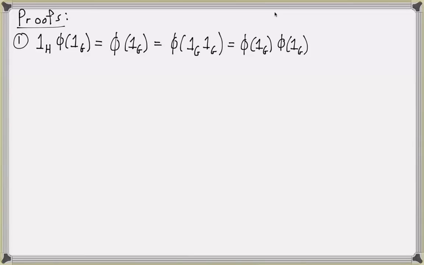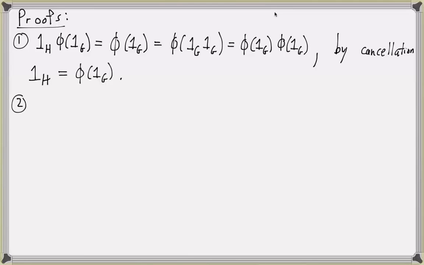So if you look at the first expression in this chain on the left and the last expression on the right, we can cancel phi of 1_G on the right to obtain that the identity element of H equals phi of the identity element of G.